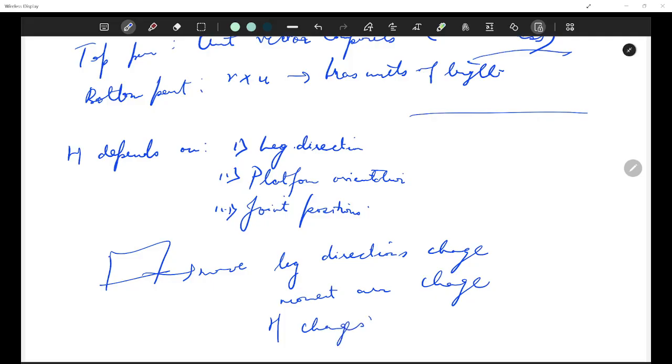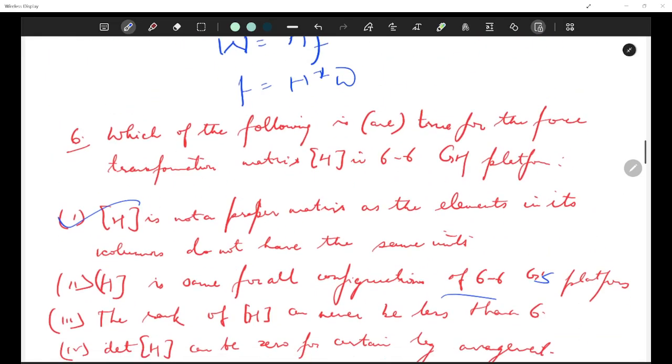So H is configuration dependent, hence this is also incorrect.